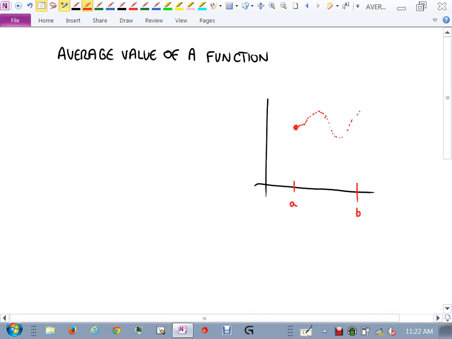B minus A. That's how long this interval is. So the average value is your normal integral divided by B minus A. The way we write it is f average is equal to 1 over B minus A times the integral from A to B of f of x dx.